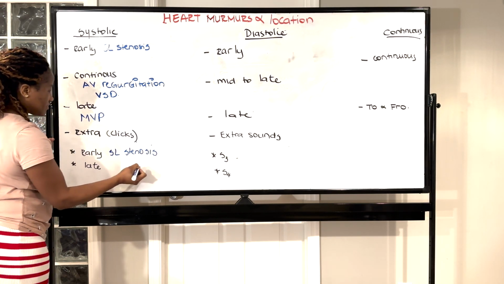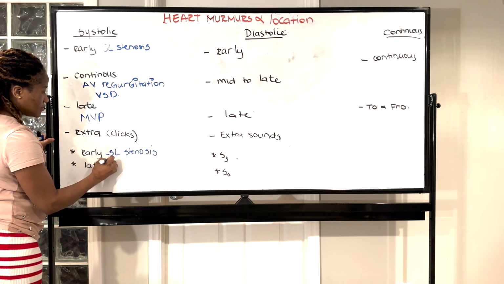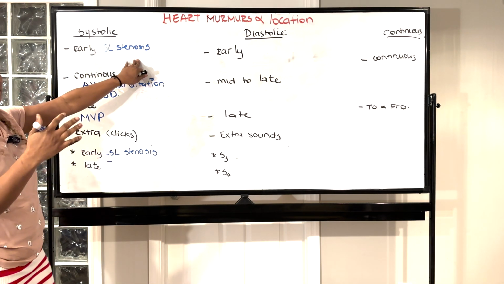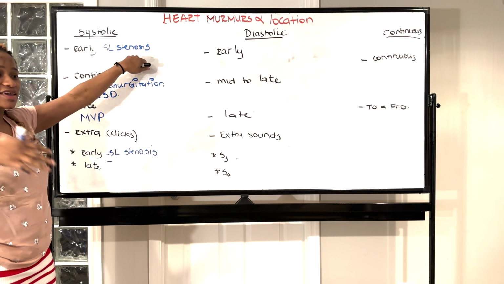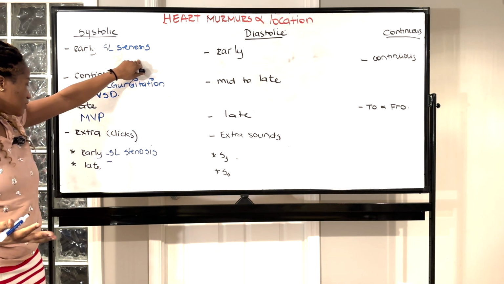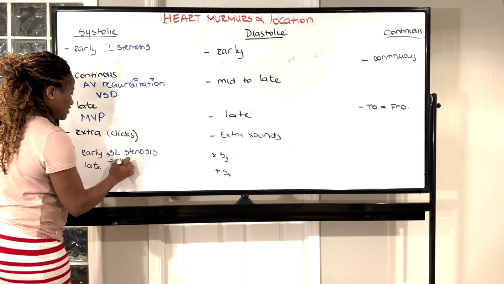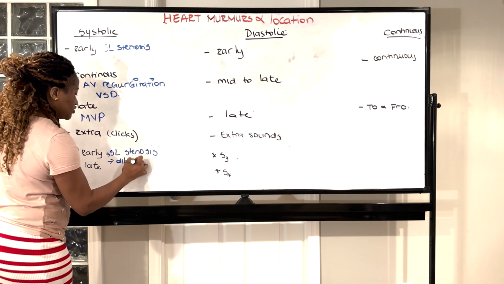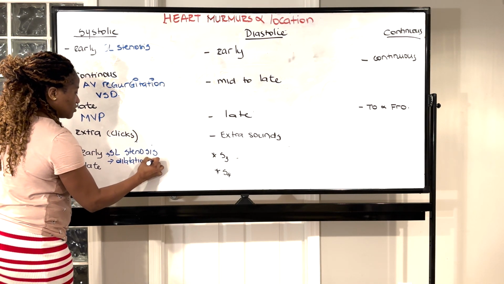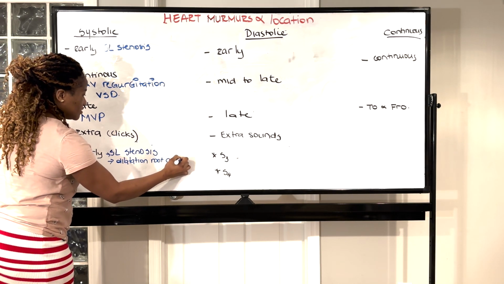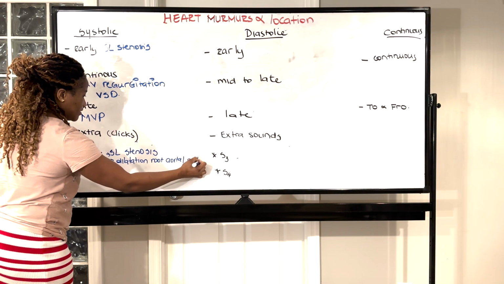Going back to the same thing. SL stenosis, we talk about it when the aortic and pulmonary valve can't open all the way to push the blood out. And also, if there is any dilatation in your root of aorta or pulmonary.